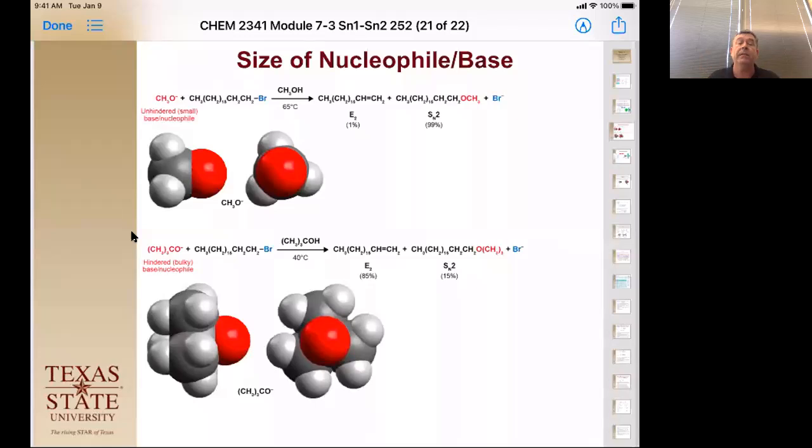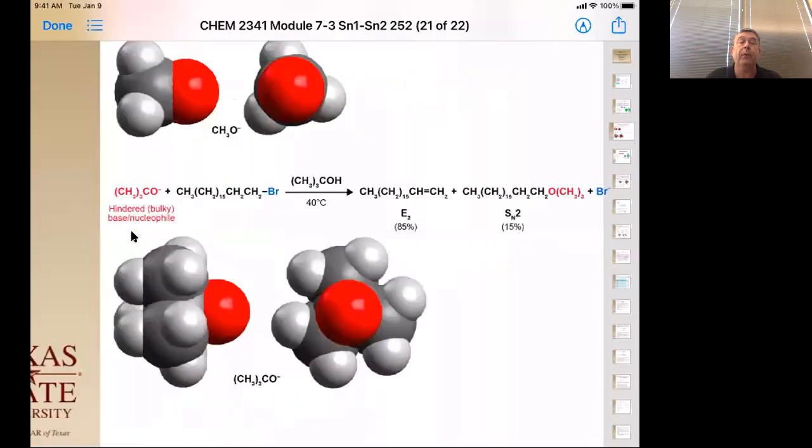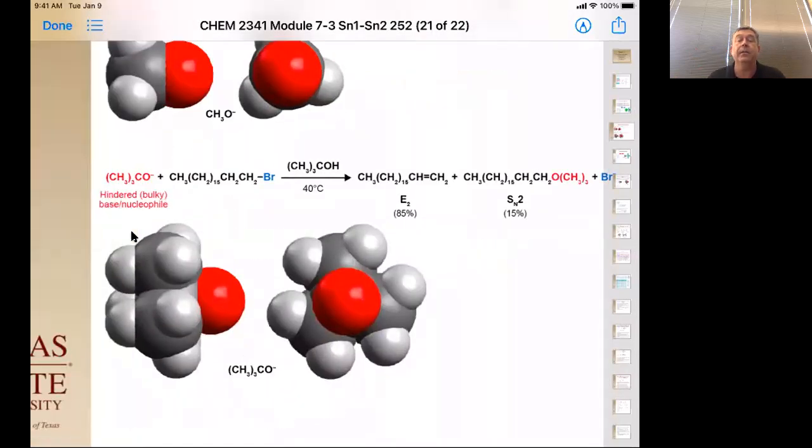Now, what if your base is too big? What if you have the t-butoxide or something else? It can no longer act as a nucleophile. It cannot get into the pocket, okay? And therefore, your major product is going to be your elimination product. Okay. Now, in the case of this example here, we actually have a primary alkyl halide. And so when you have a primary alkyl halide, you can get a little bit of SN2 product, but it's the minor product.